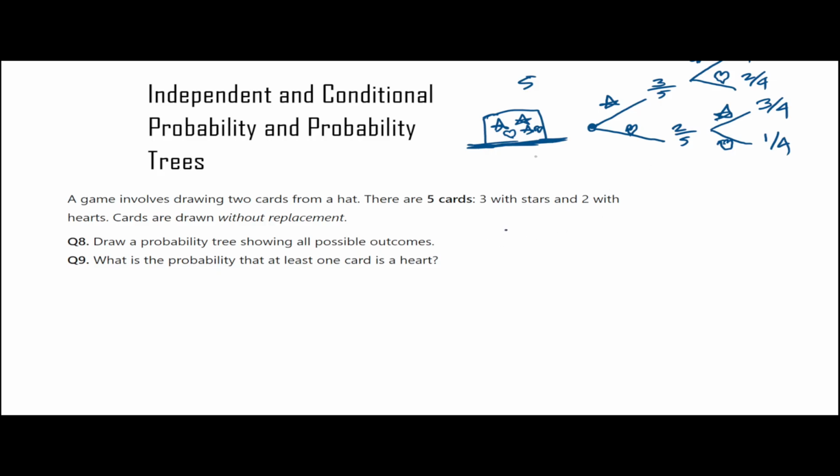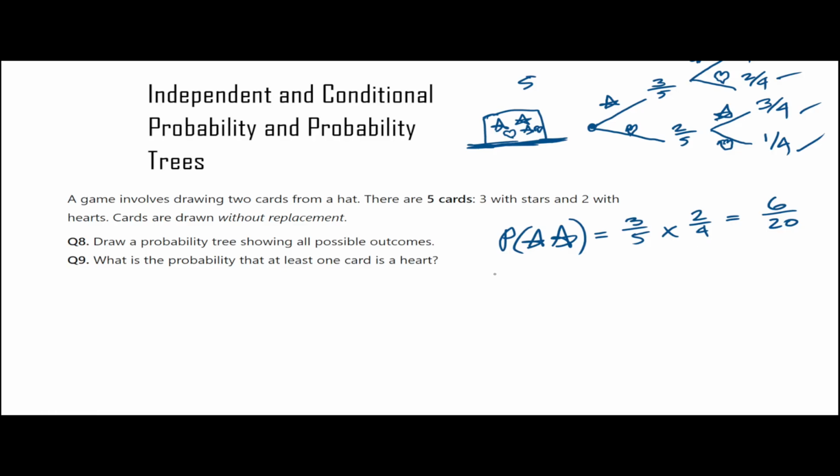So let's work out the probability of star, and that's going to be 3/5 times 2/4, which is going to be 6/20 of getting star. Now each of these ones, that has a heart, that has a heart, and that has a heart.